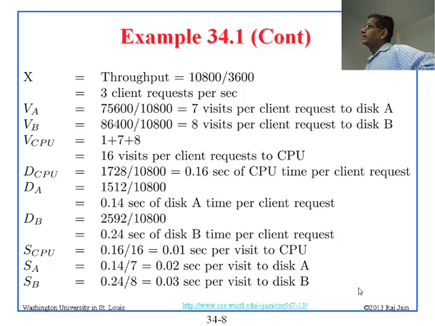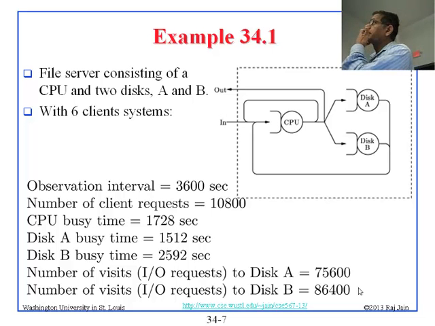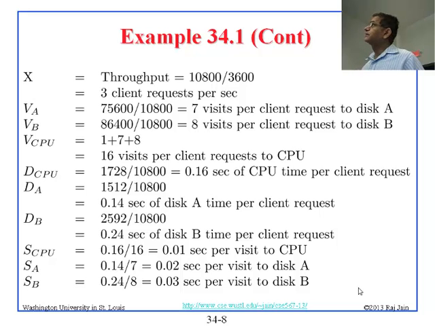Visits to disk B is 86,000 divided by 10,000, which is 8 visits per job. Visits to CPU would be 1 plus 7 and 8, because whenever you go to disk B, you come back. Whenever you go to disk A, you come back. And once you go out. So 1 plus visits to disk A and disk B, total 16 visits to the CPU.